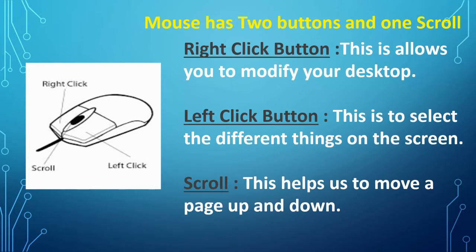First button, that is right click button, allows you to modify your desktop. Then second button, that is left click button, is used to select the different things on the screen. And now third one, that is scroll, helps us to move a page up and down. So these are the uses of these buttons.